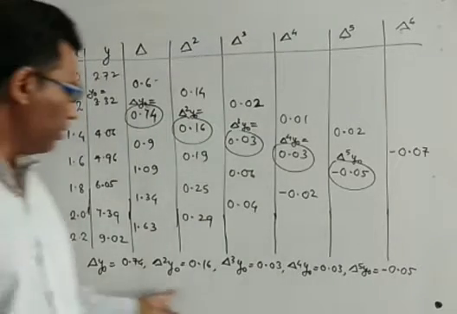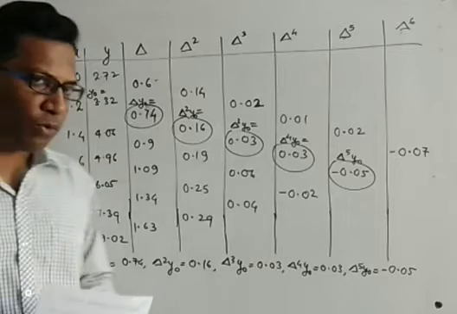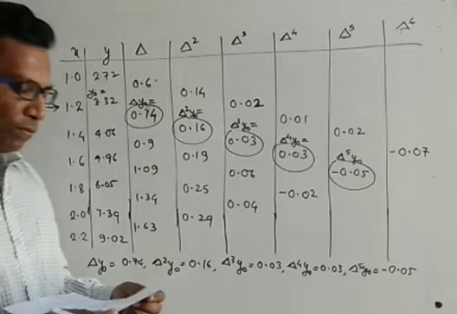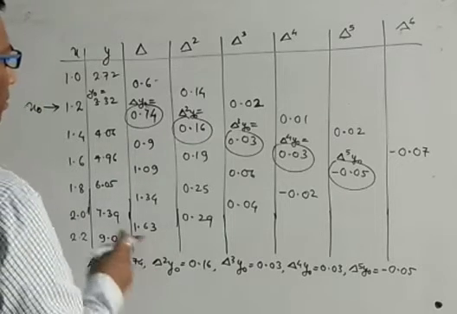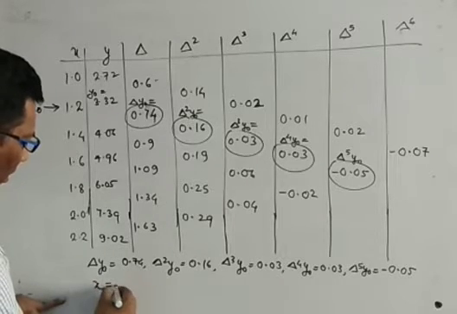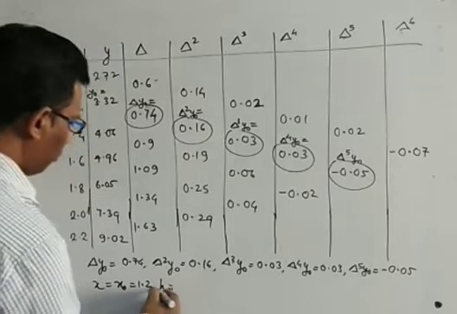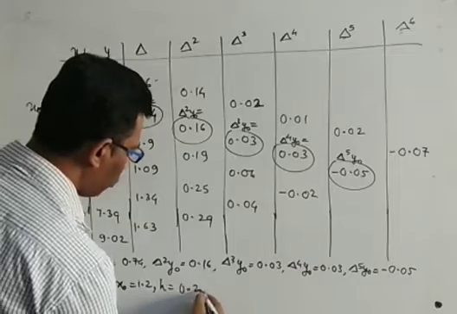Now we will use these values in the formula to calculate the first and second derivative. Here p is equal to 0 as x equals x0 equals 1.2, and h equals the difference between these two, that is 0.2.